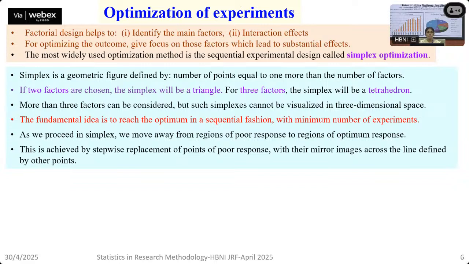The fundamental idea during the simplex optimization is to reach the optimum output in a sequential stepwise fashion with a minimum number of experiments. With minimum effort, how can we reach the top level, optimized output? That is what simplex optimization does. Here it is a systematic, stepwise procedure. Wherever you find a factor is affecting, give focus, give attention, give due importance to that factor.